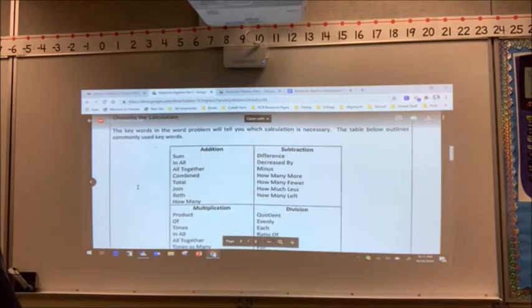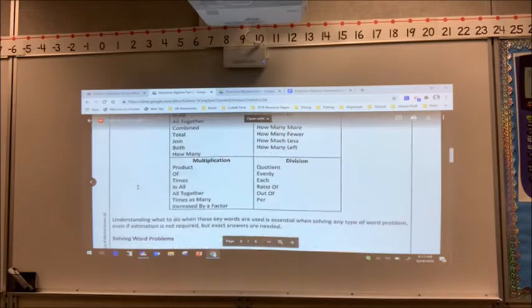In addition, if you see the word sum, or the phrases in all, all together, combine, total, join, both, how many, you'll use addition. For subtraction, look for words difference, decrease by, minus, how many more, how many fewer, how much less, how many left.